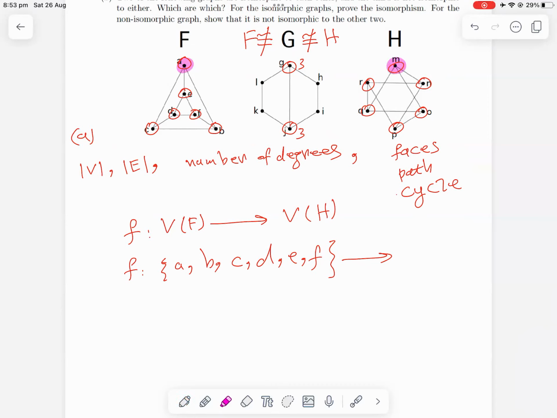So M is this one. So from here, I should change the color. Yeah. It goes to E, goes to C, and it goes to B. So this one goes to N. Okay. So I would write M.